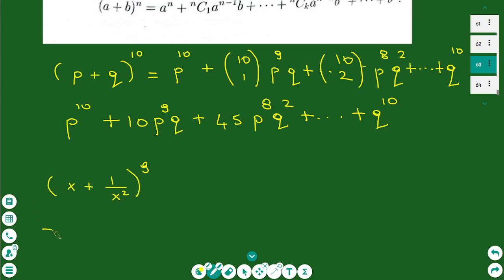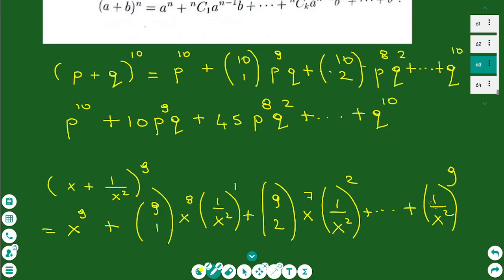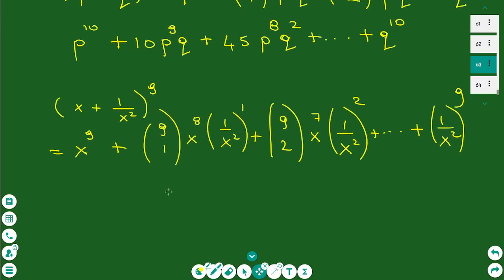Following exactly the same formula, we have x to the power of 9 plus C(9, 1) x to the power of 8 times (1/x²) to the power of 1, and this expansion looks like this one. The next step is to simplify the terms and do the calculations.